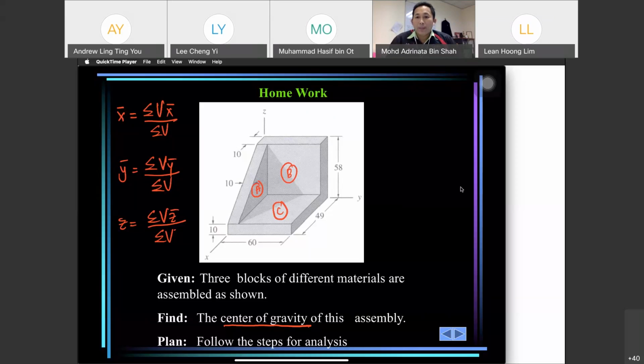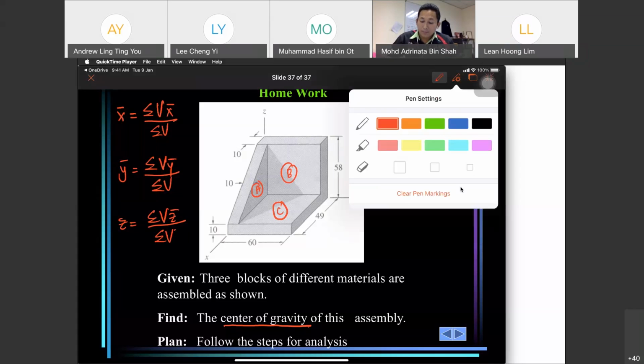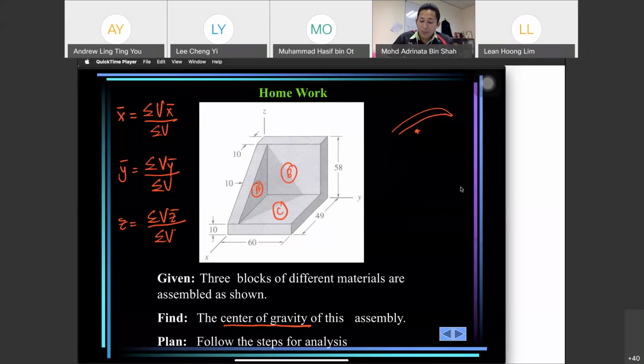Macam tadi yang saya bagi contoh, kalau dia line, circle, dia adalah beam tapi dia circle. Center of gravity kadang-kadang kat sini. Boleh berlaku.